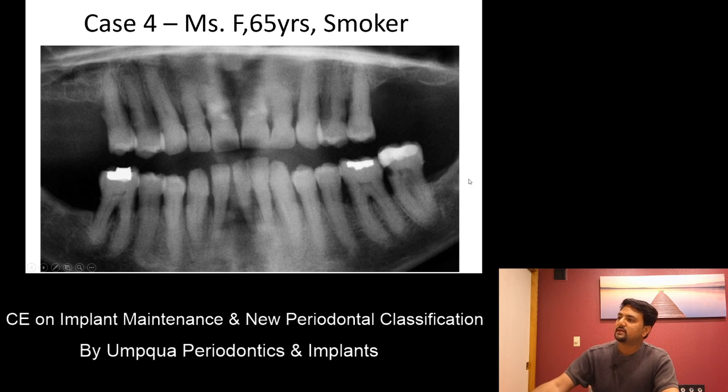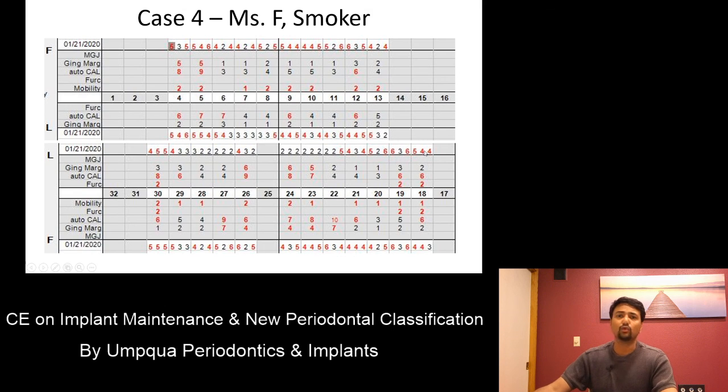Generalized, localized, I would say generalized. Grade, the percentage of bone loss on my worst tooth is more than the age of the patient, so it's a grade C, which is rapid progression of the disease. Risk factors, she's a smoker, that's my risk factor. Stable, unstable, then I go to my chart and look for my probing depths.